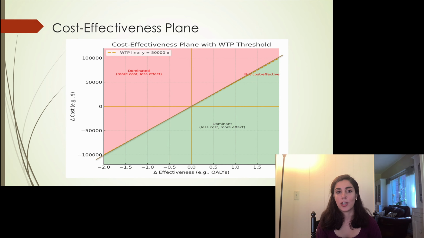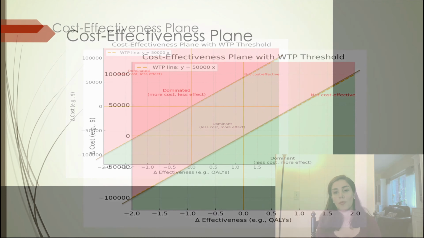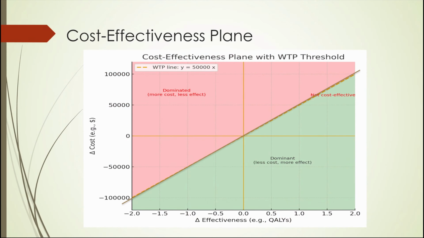This is called the cost effectiveness plane, which is seen in almost all the cost effectiveness studies that we see in literature. There is this willingness to pay line that is dividing the green area from the red area, which explains which interventions are found to be cost effective.